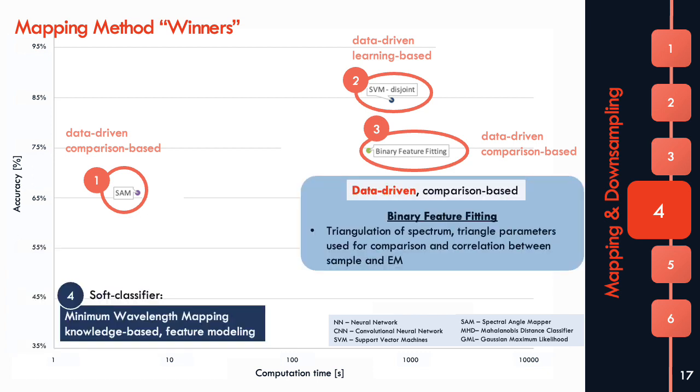A second data-driven comparison-based approach is the binary feature fitting, which relies on the triangulation of the spectrum and the comparison of the triangle parameters between my unknown pixel and the known end member sets. This plots a bit higher in accuracy than the SAM, even though it's the same method, but it has a higher computation time.